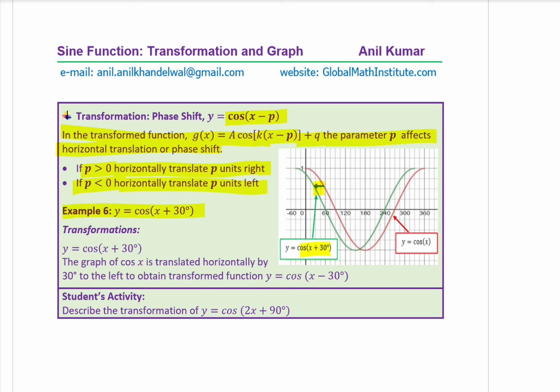That is example 6. We have to sketch and explain the transformation of y equals cos of x plus 30. So y equals cos of x plus 30 means that the graph of cos x is translated horizontally by 30 degrees to the left.